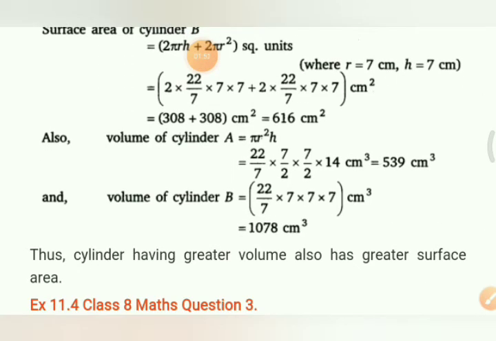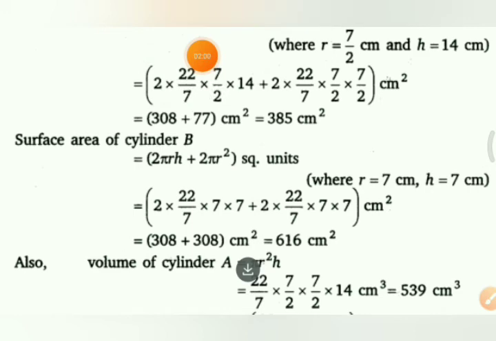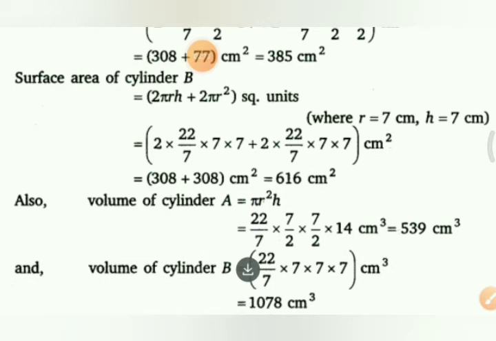Volume of cylinder, the formula of volume of cylinder was pi R square H. Volume of cylinder is pi into R square into H. So on substituting that, we will get the volume of cylinder A as 539 centimeter cube and volume of cylinder B as 1078 centimeter cube.